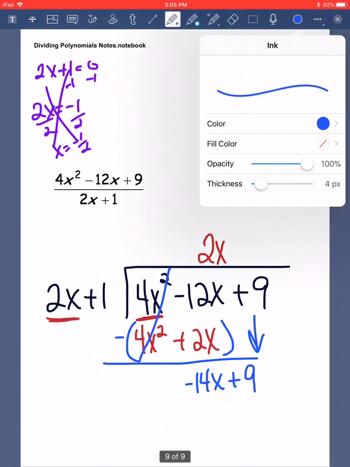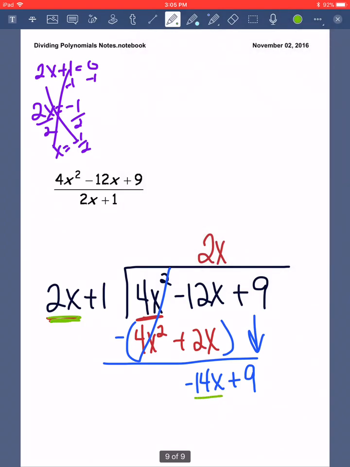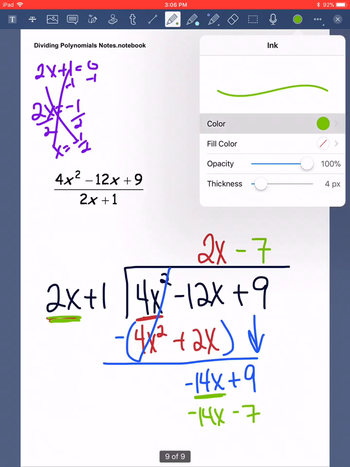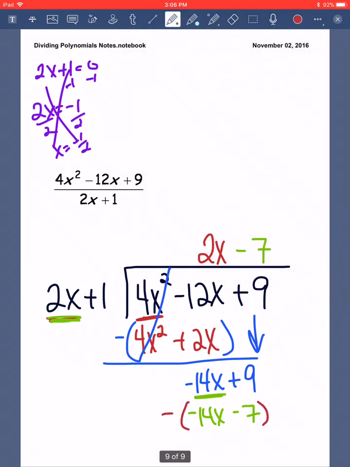And now I'm going to start the process over again. So 2x times what gives me negative 14x? Well, that's negative 7. So negative 7 times 2x is negative 14x. And negative 7 times 1 is negative 7. I'm subtracting that line now. So negative 14x minus negative 14x is 0.